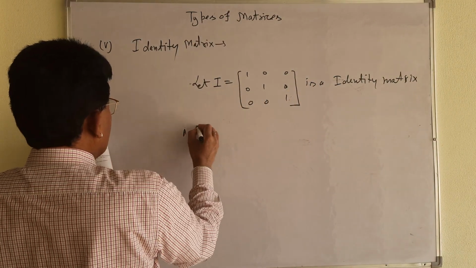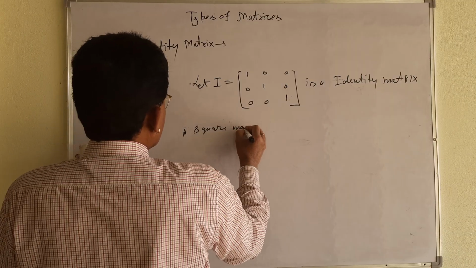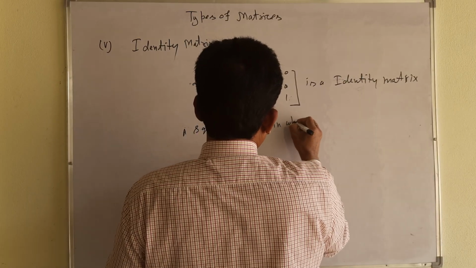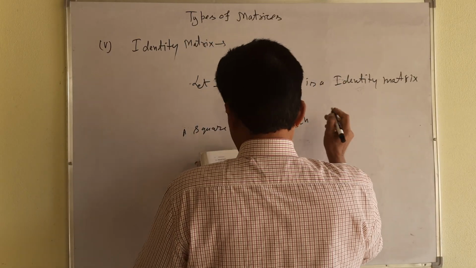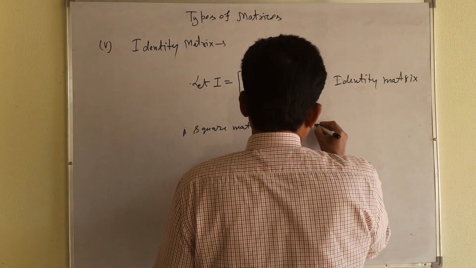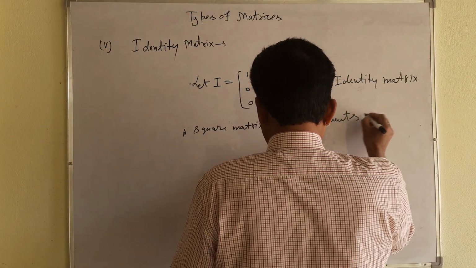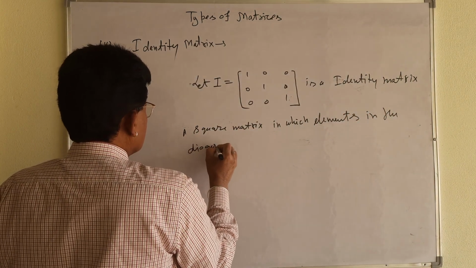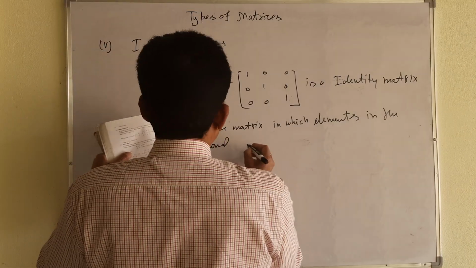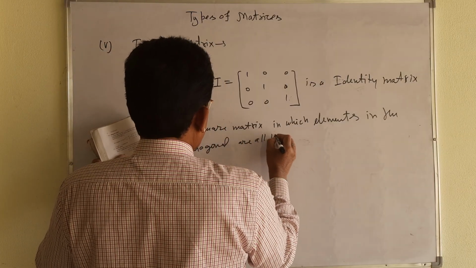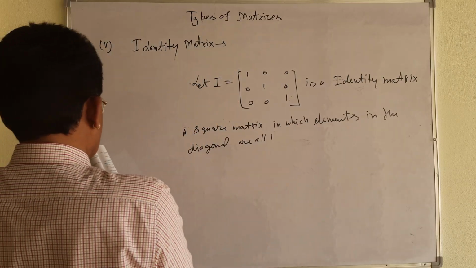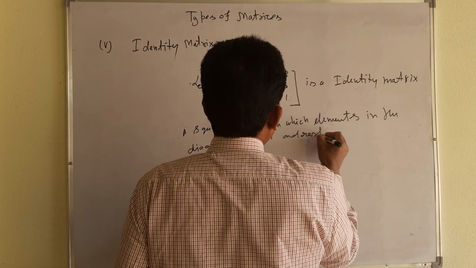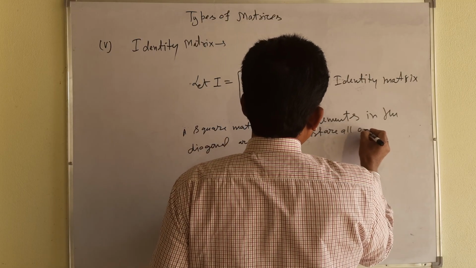Then you can write a square matrix in which elements in the diagonal are all one and the rest are all zero.